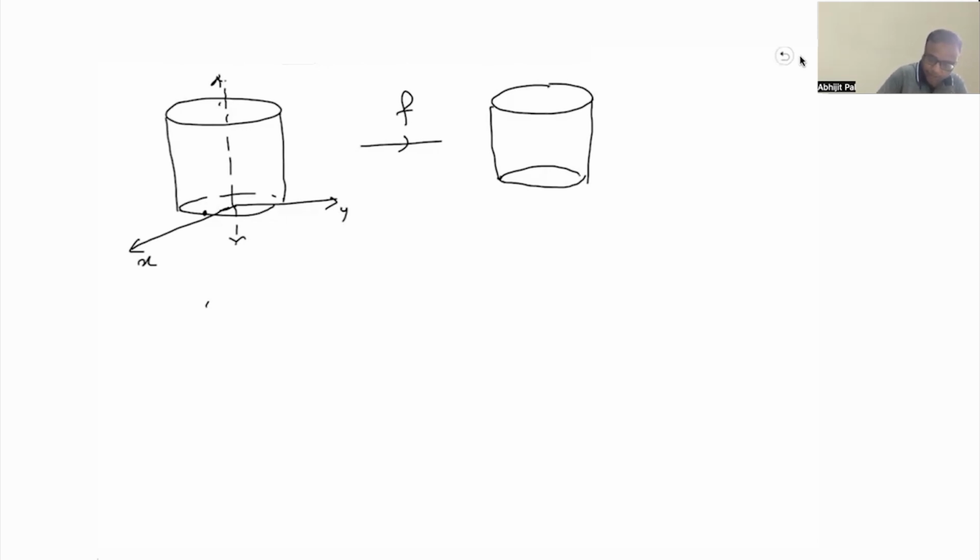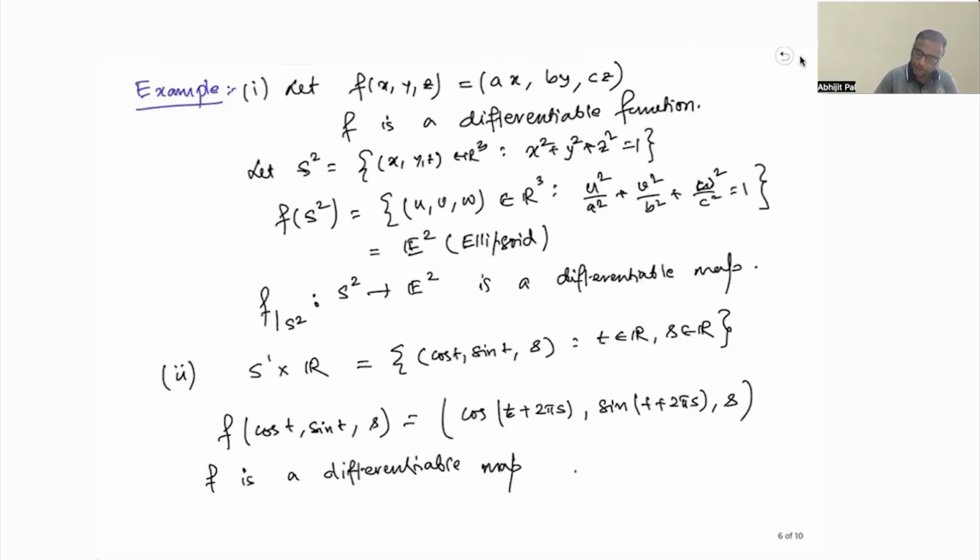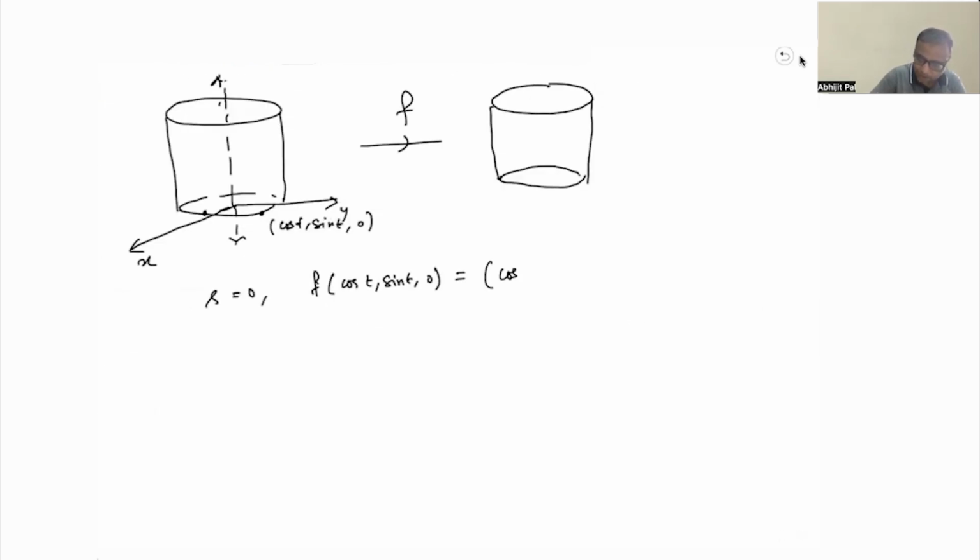Then I get (cos t, sin t, 0) here. If I apply f on this point, by the definition of this map it will be equal to the same point. So f fixes this point.